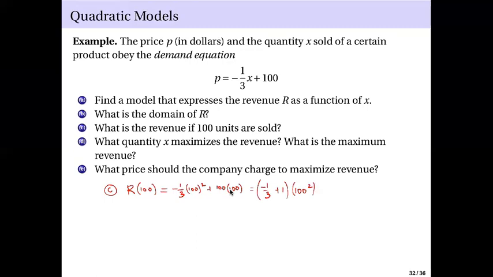So 100 squared, that's 10,000, correct? 10,000. And then negative 1/3 plus 1, that's 2/3. So the revenue will be 2/3 of this 10,000. So let's calculate.